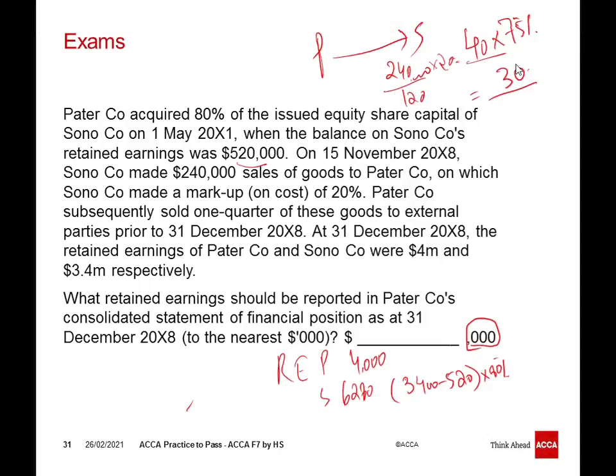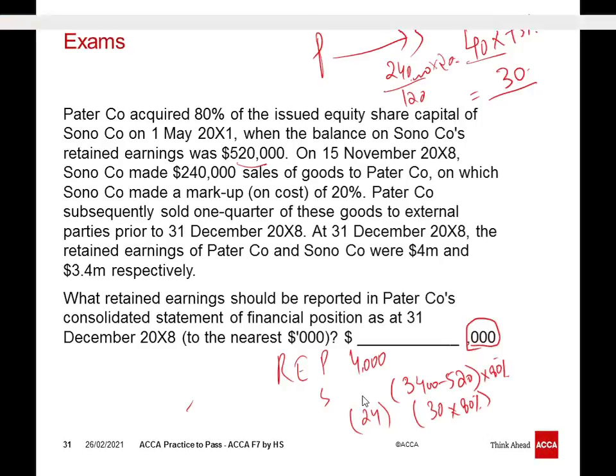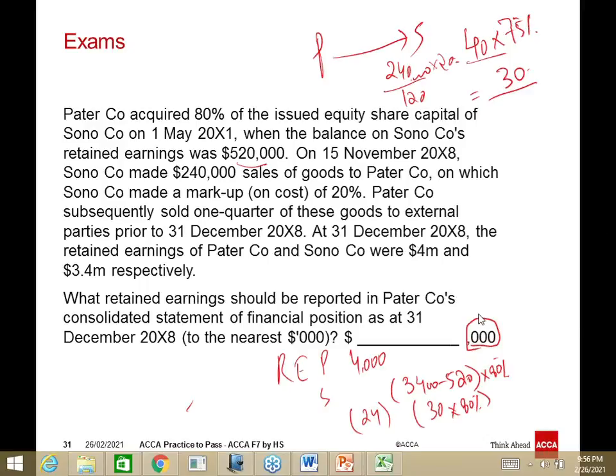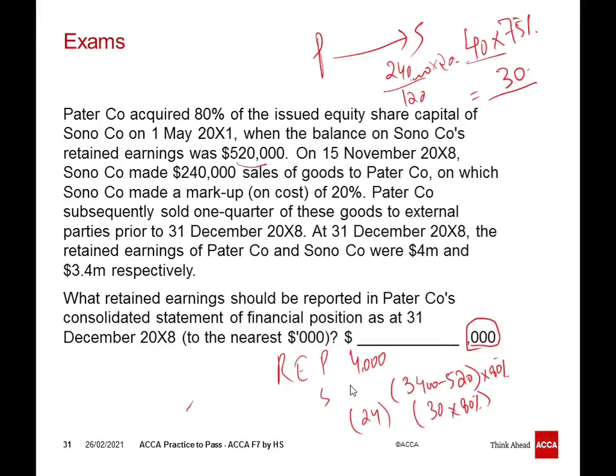As the subsidiary company has sold, we need to take the 80% figure here. So it's 24. Is this figure correct? 3,400 minus 520 into 80%. 2304. Thank you so much, Deepa.